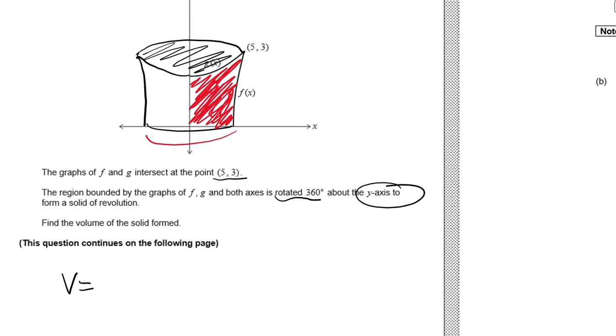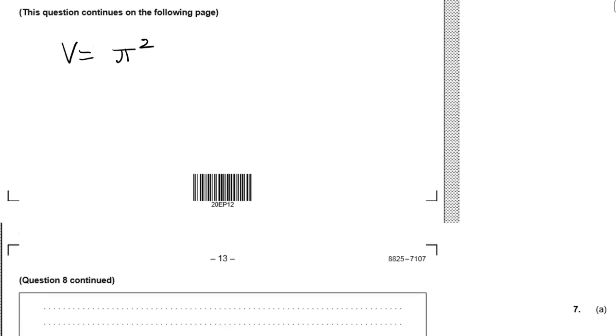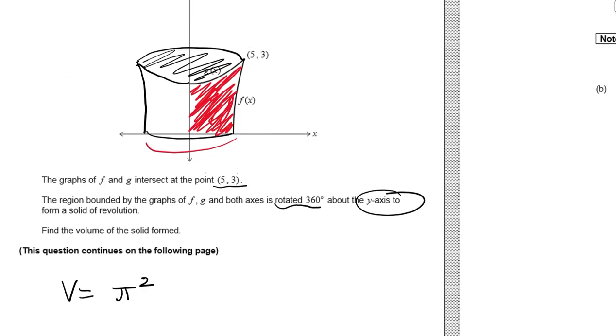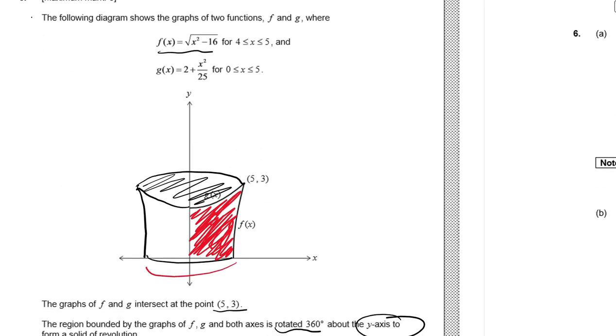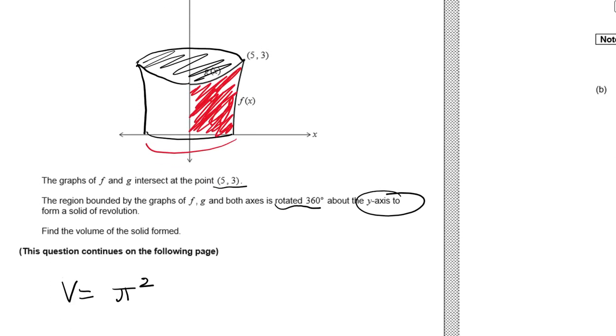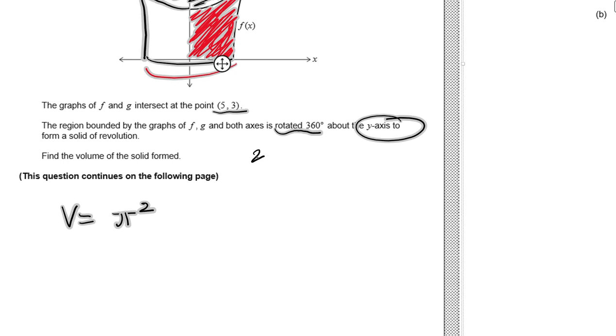But we need to remember when we're doing a revolution, that's pi. We're given y, but it's revolved around the y-axis. Now we need x in terms of y.